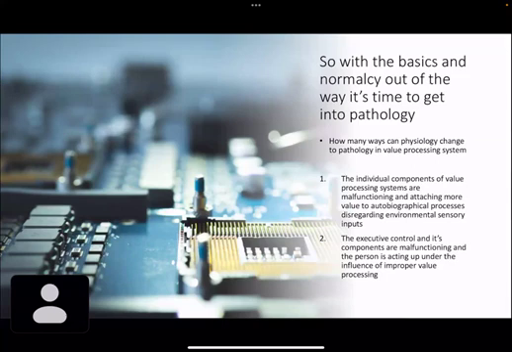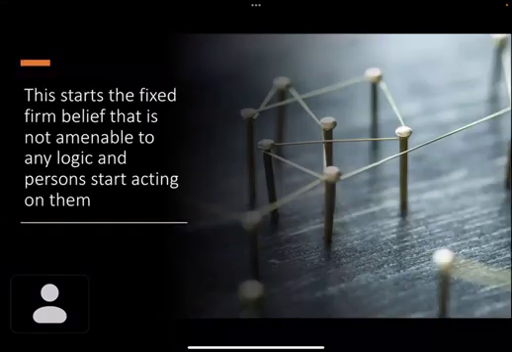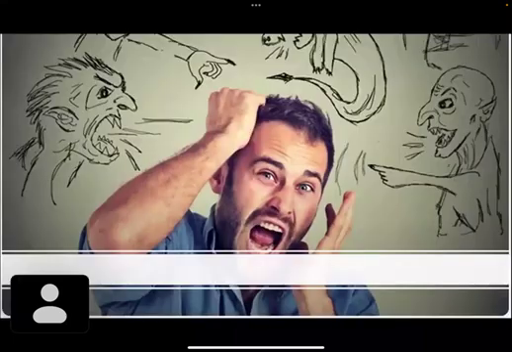So either value processing system is gone or executive control is gone. And if the person is specifically unfortunate, then both are gone. This starts the fixed belief that is not amenable to any logic, and the person starts acting on it.